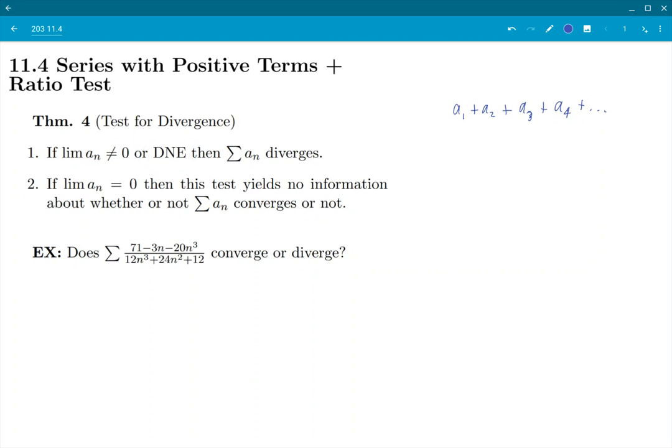If the limit doesn't exist, that'll also imply divergence. An example being if you have summation (-1)^n. So a_n is this alternating thing.